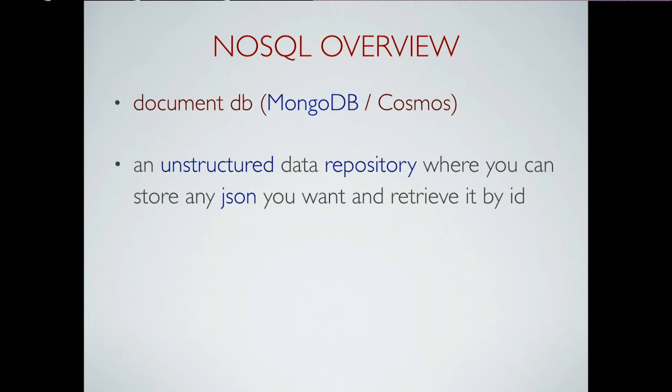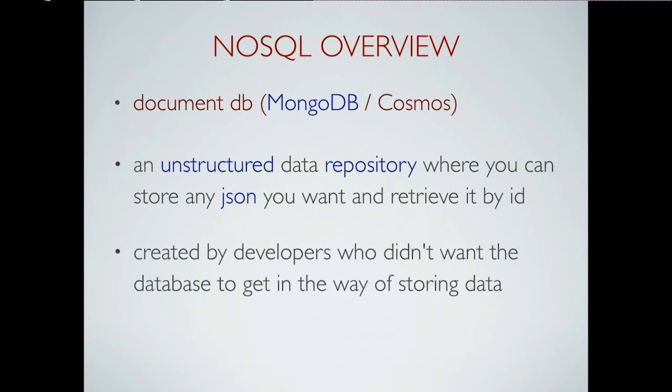You can store any JSON, and again, I'll get into most of these in a minute. JSON is just a document format, and retrieve it by ID. So it comes with a default ID, but of course, how useful would a database be if I can only retrieve it by ID, right? So, of course, you can retrieve it by other fields as well.